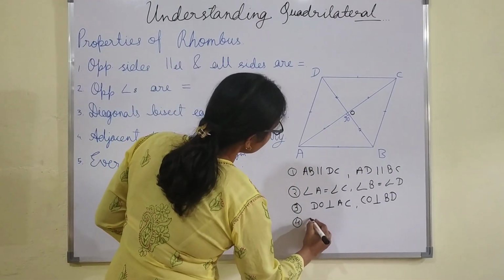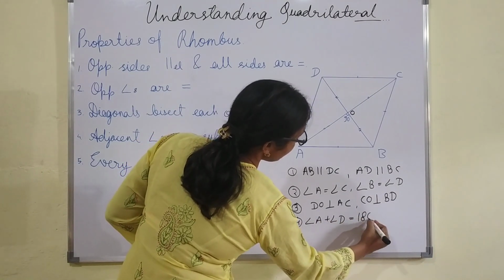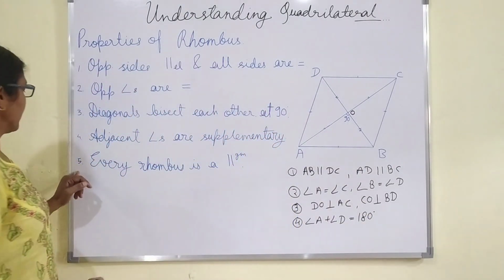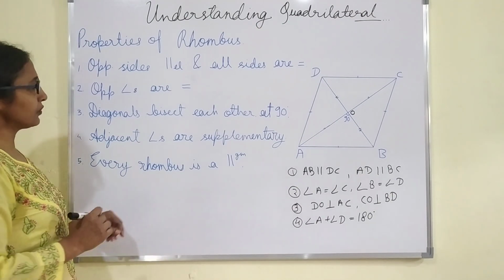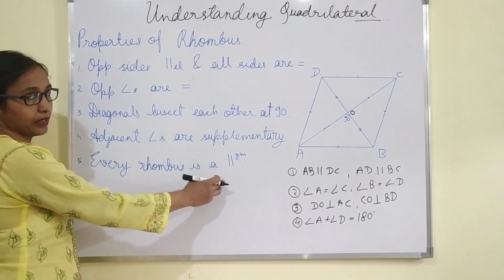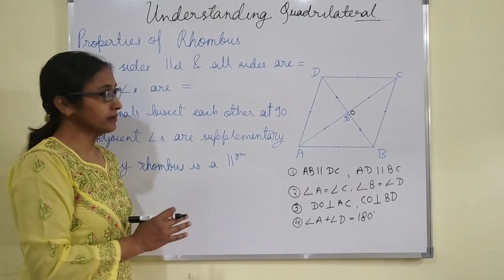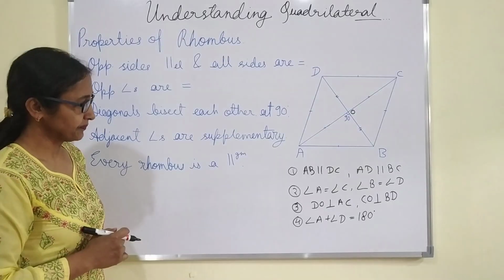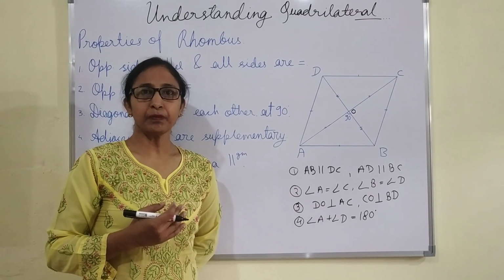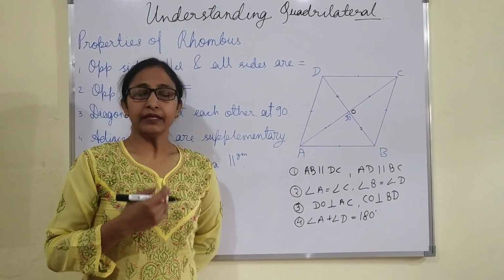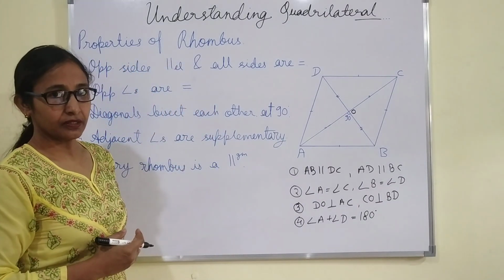So fourth is angle A plus angle D equals 180 degrees. Now, fifth is every rhombus is a parallelogram. I told you earlier, every rhombus is a parallelogram. Okay, so this is the rhombus. I will explain some problems in the next video based on all these properties of parallelograms.